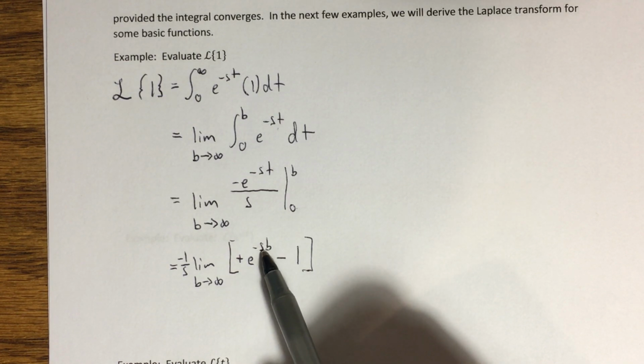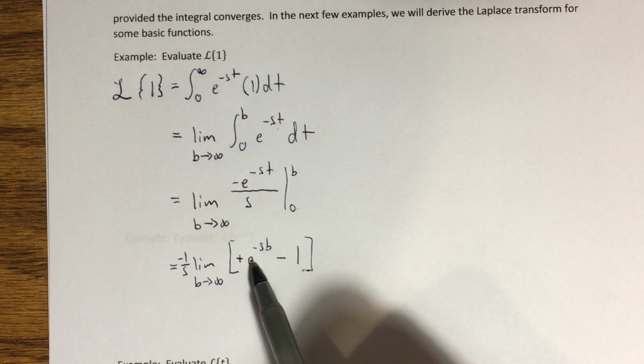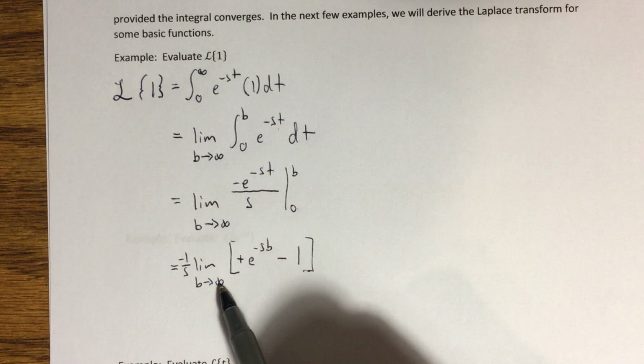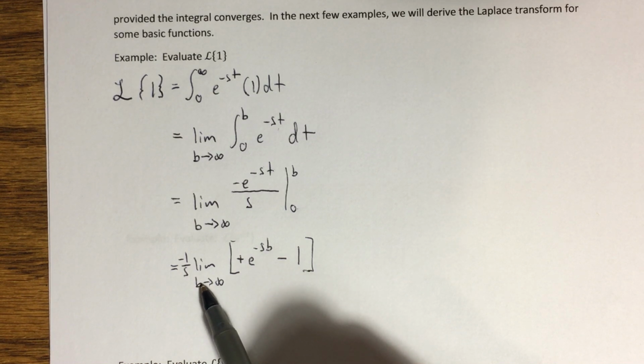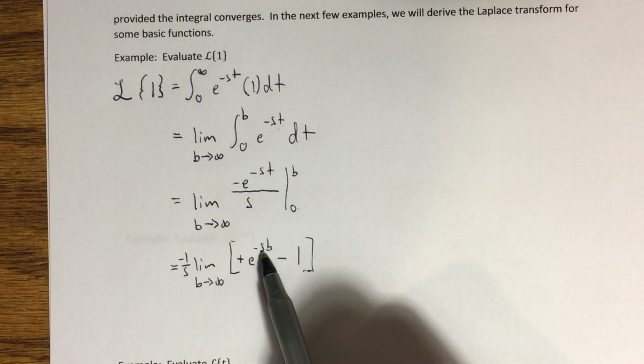But what if s is greater than or even equal to 0? What happens in that case? Well, actually, sorry, if s is equal to 0, then this is equal to 1, and we have 1 minus 1, the whole thing goes to 0. But if s is positive, what can we say about this limit here? Well, if s is positive, then minus s would be negative.